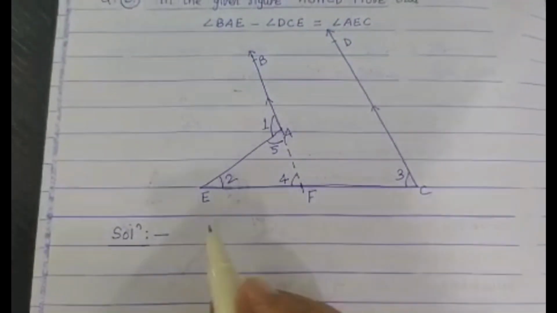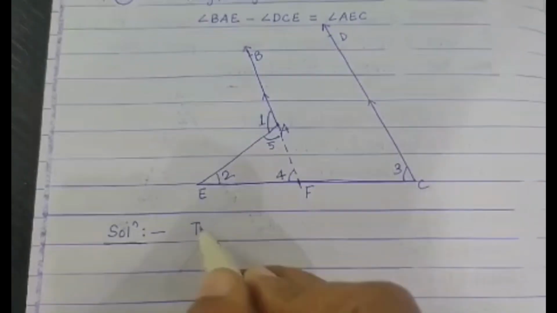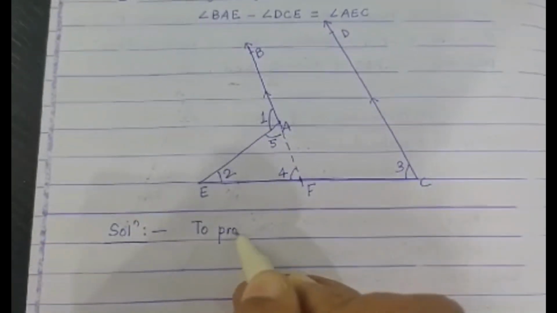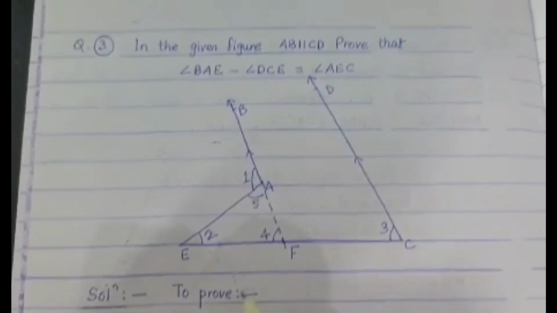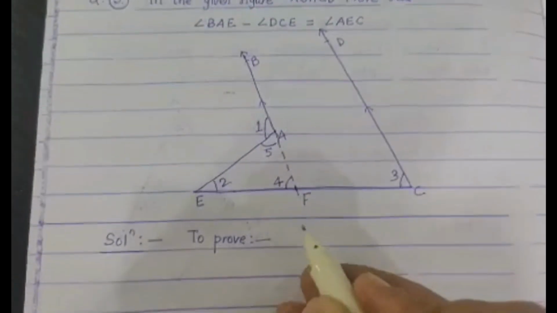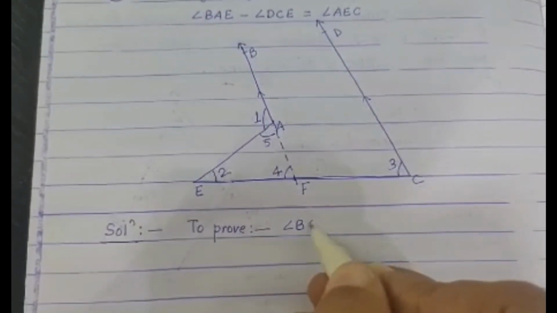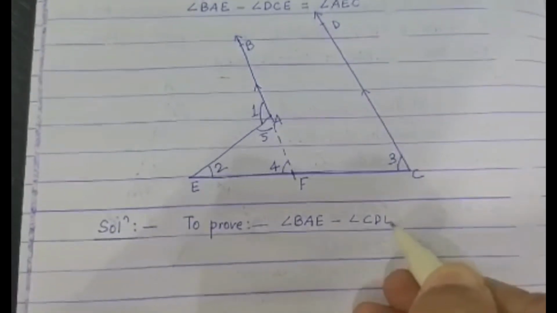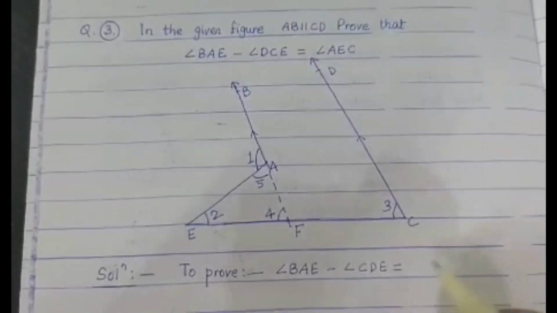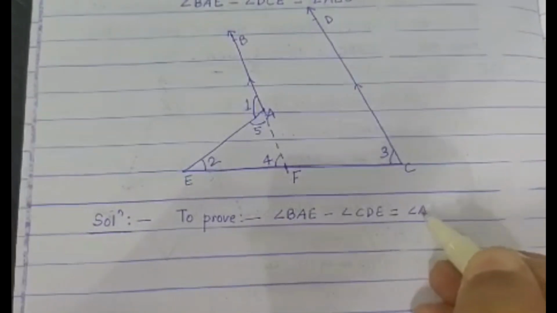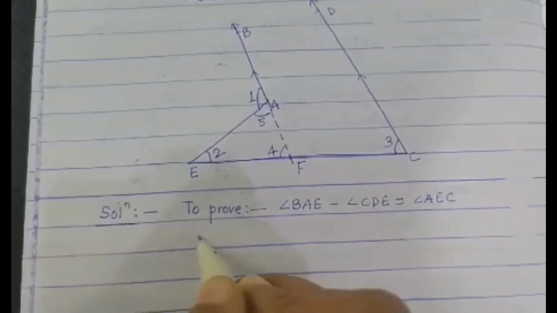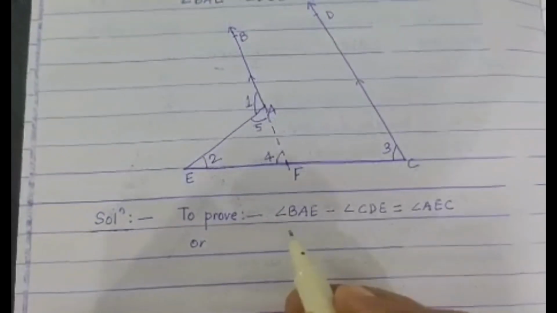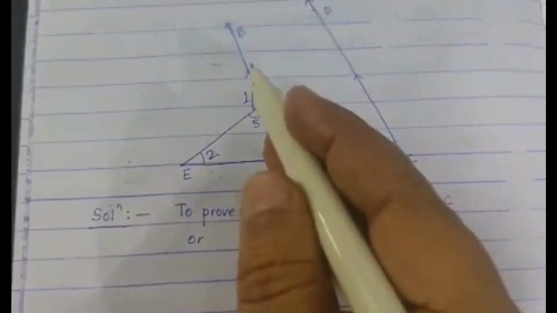Now we have to prove, let us write it, to prove angle BAE minus angle DCE is equal to angle AEC, or in our nomenclature, angle BAE is how much?